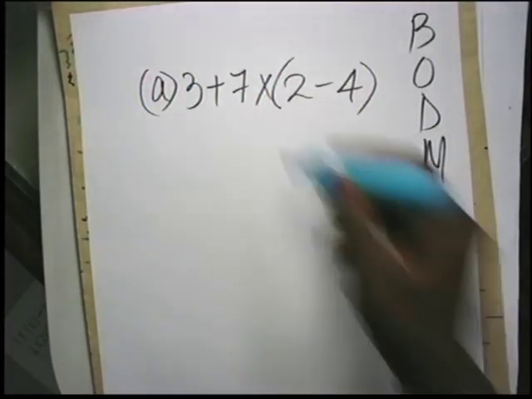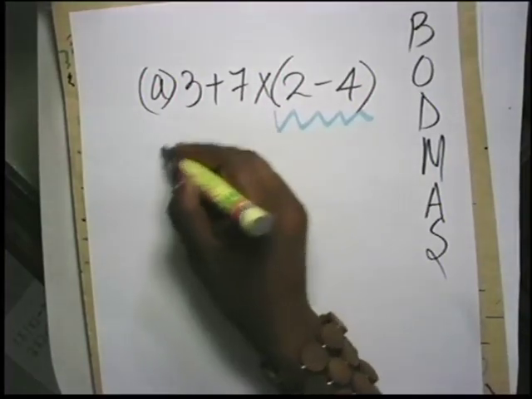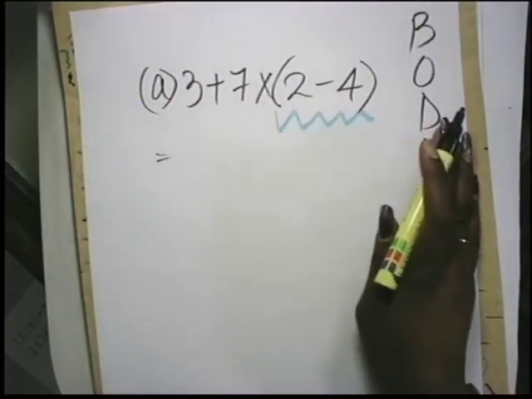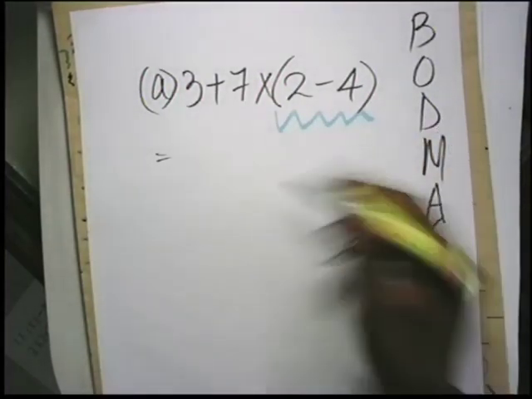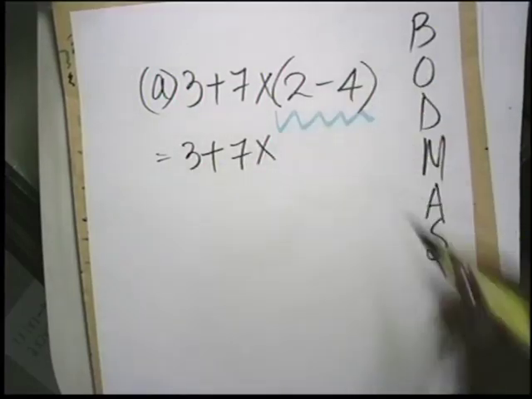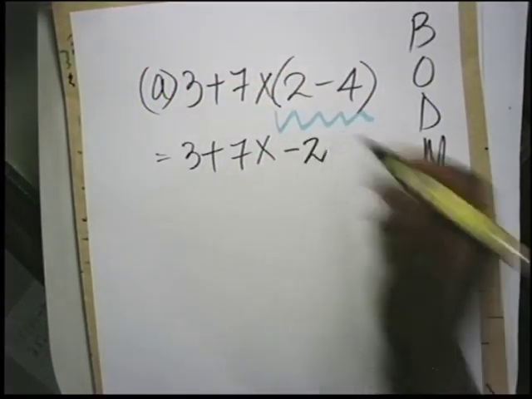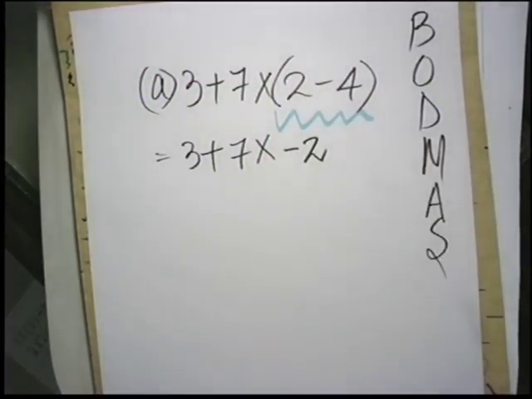Where are they? Here are my brackets. Let's move. Step number 1. Other numbers that are not in brackets, I write them as they are. 3 plus 7 multiplied by 2 minus 4 is equal to negative 2. I'm done. Brackets are gone because I've worked them out.